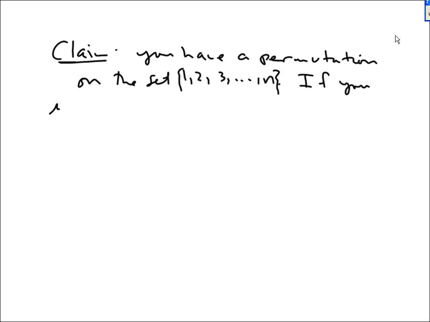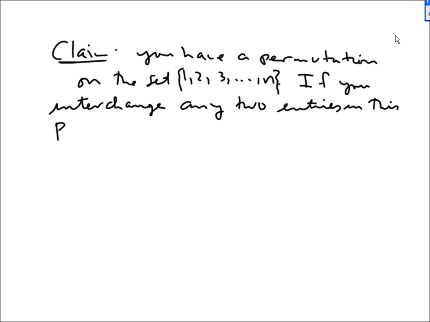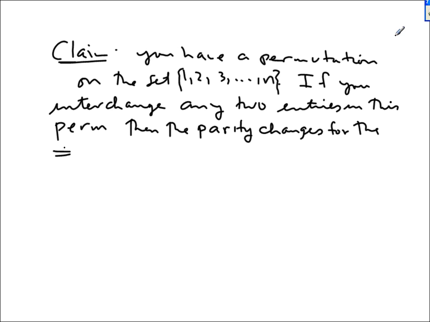If you interchange any two entries in this permutation, then the parity changes for the number of inversions.